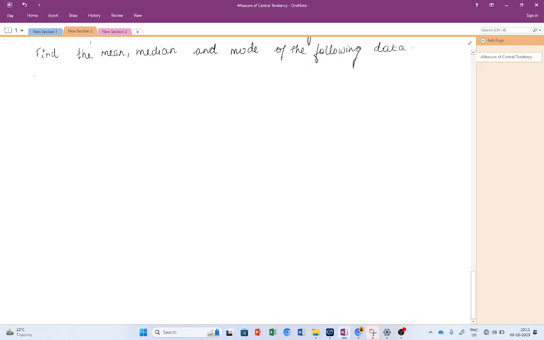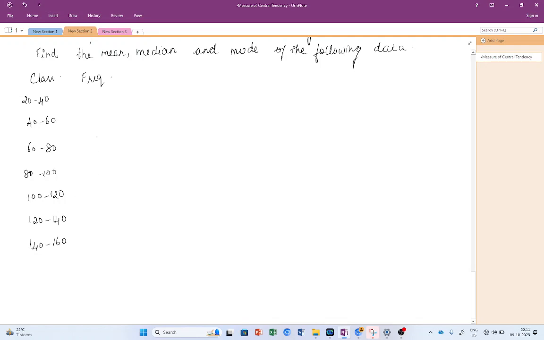So I have class interval and frequency. So the class interval is from 20 to 40, 40 to 60, 60 to 80, 80 to 100, 100 to 120, 120 to 140 and 140 to 160.